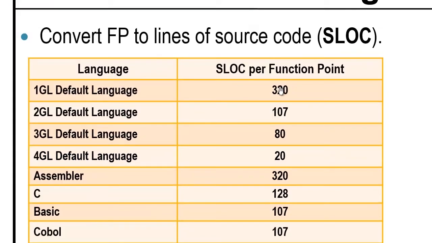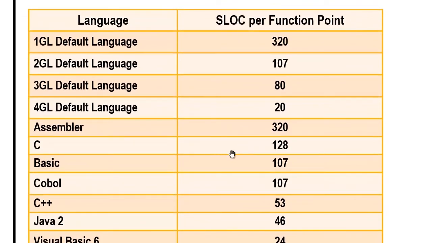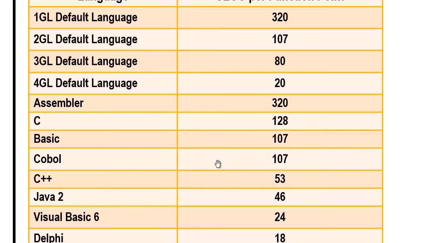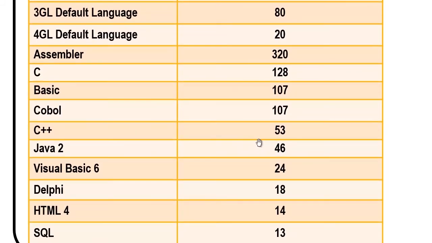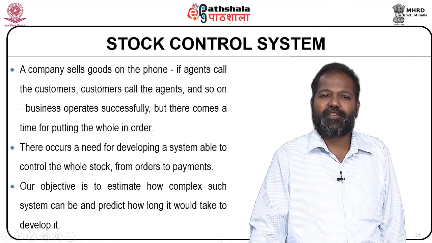Language and lines of code per function point: first generation default language 320, second generation default language 107, third generation default language 80, 4GL 20, assembler 320, C language 128, BASIC 107, COBOL 107, C++ 53, Java 2 46, Visual Basic 6 24, Delphi 18, HTML4 14, SQL 13.